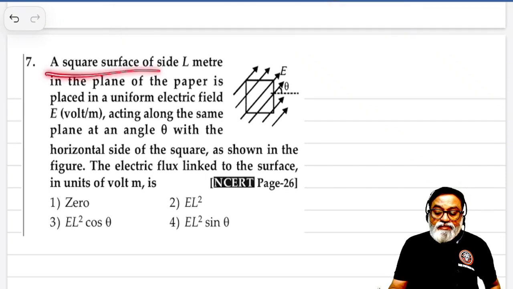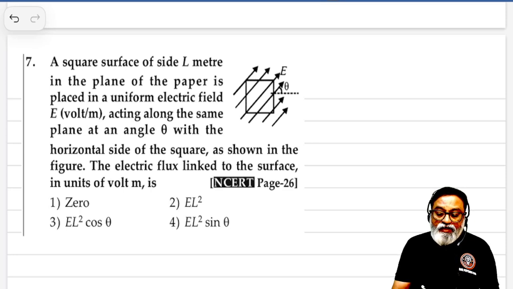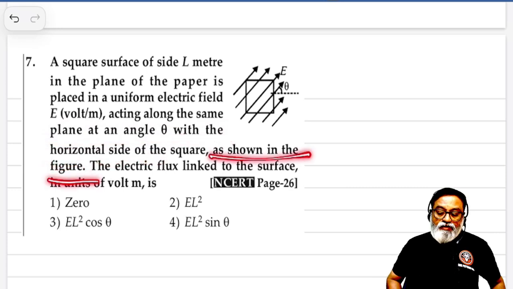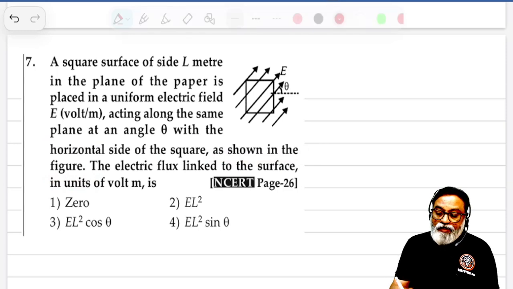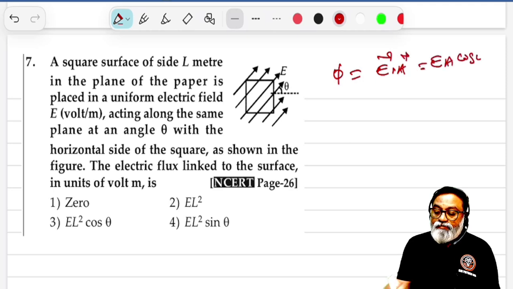Next, a square surface of side L meter in the plane of the paper is placed in a uniform electric field E acting along the same plane at an angle theta with the horizontal side of the square, as shown in the figure. The electric flux linked with the coil: electric flux phi is equal to E bar dot A bar, or EA cos theta.